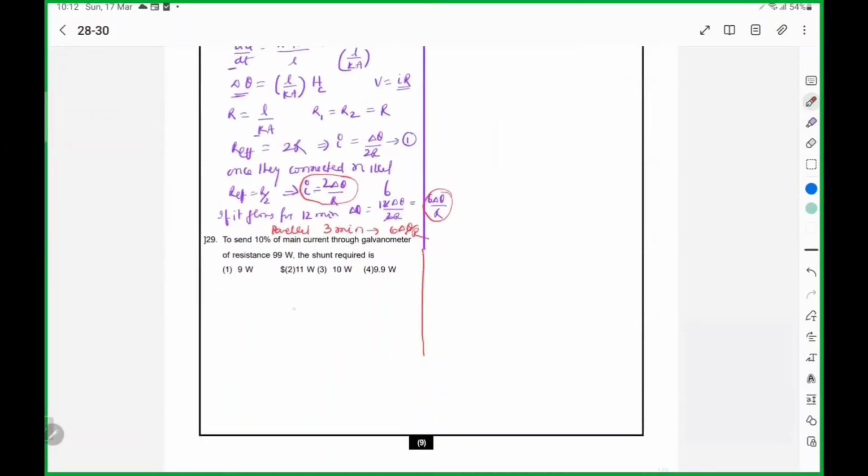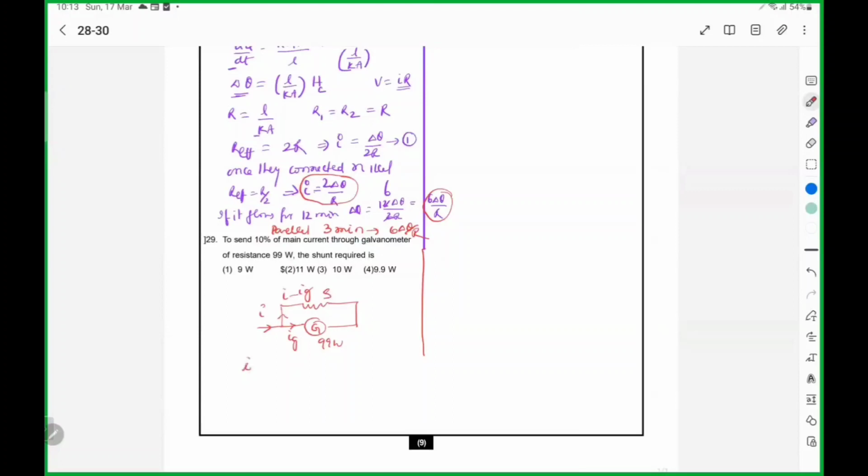To send 10% of main current through galvanometer, with a resistance of 99 ohms, the shunt required is. So here I current flows through it. IG current, shunt is connected, the small resistance which is connected in parallel.